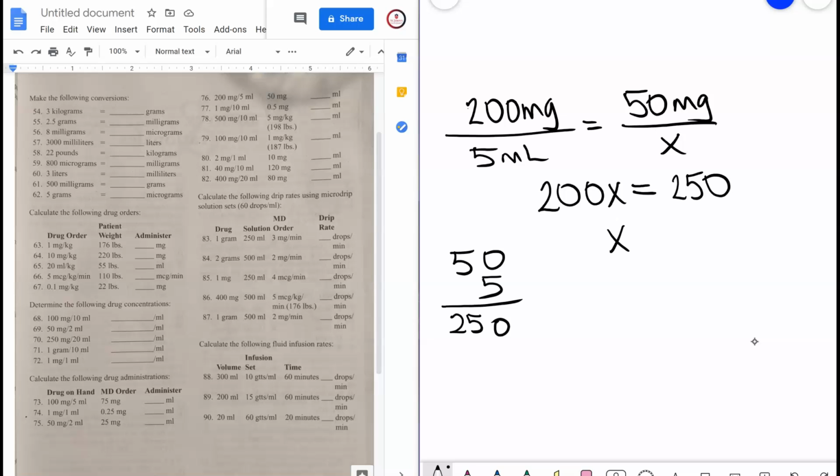Now you're going to divide both sides by 200, so 200 into 250. Obviously, you're going to need a decimal point, so let's put that in and add a 0. Make sure you bring it up top. 200 goes into 250 once.